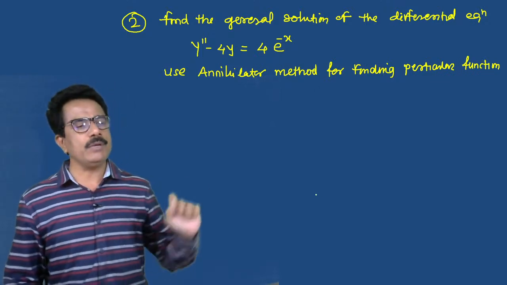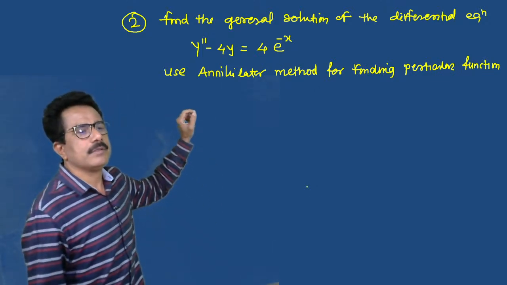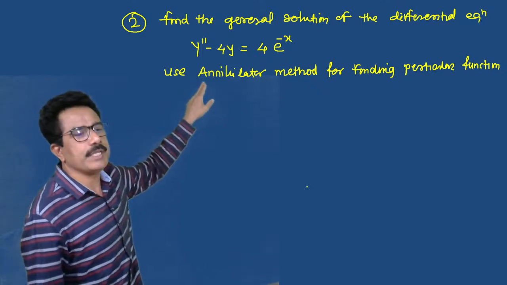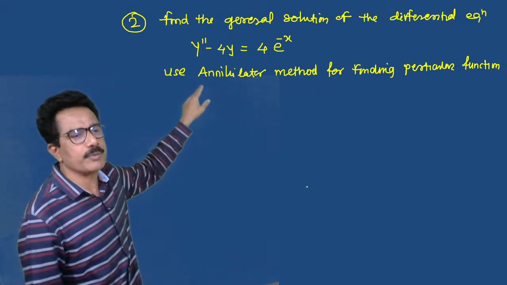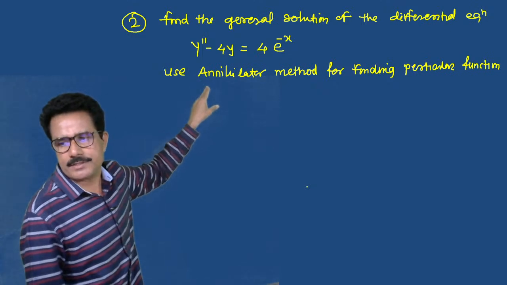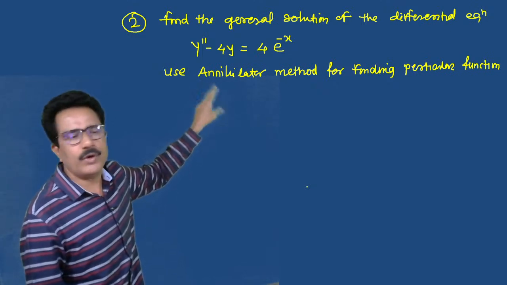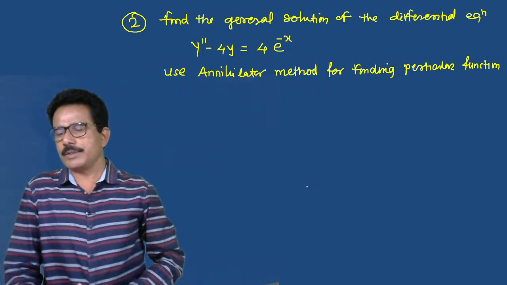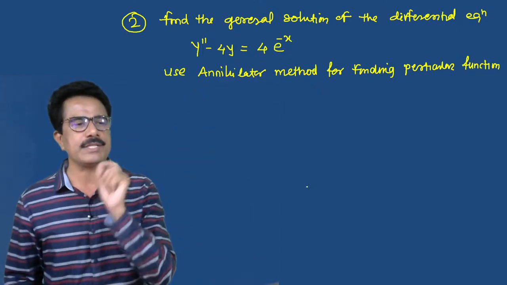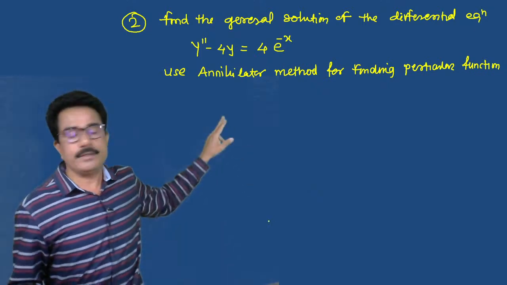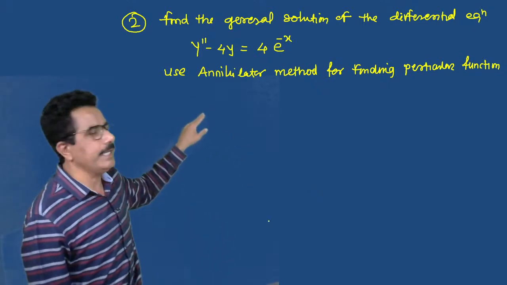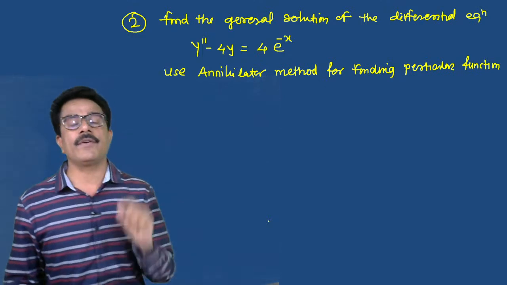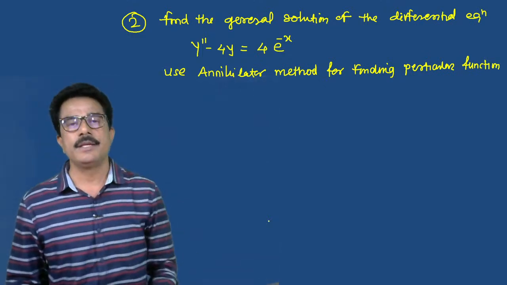See this, actually we have to find out the solution of a differential equation which is in the non-homogeneous form, y double dash minus 4y is equal to 4e raised to minus x. Come on students, now quickly tell me what the order is and what the degree is. And here use the annihilator method for finding the particular function psi p.